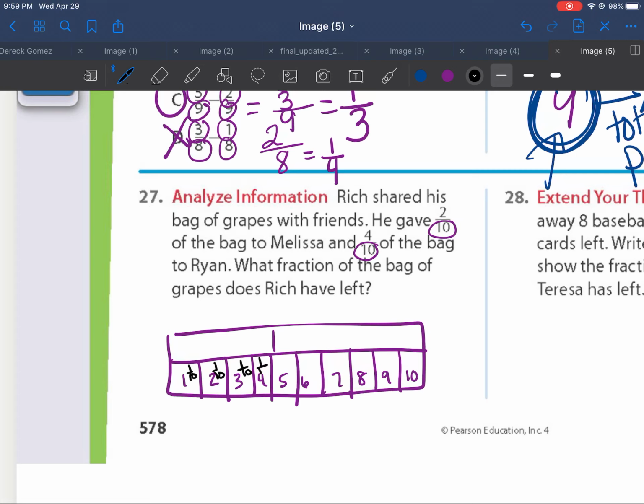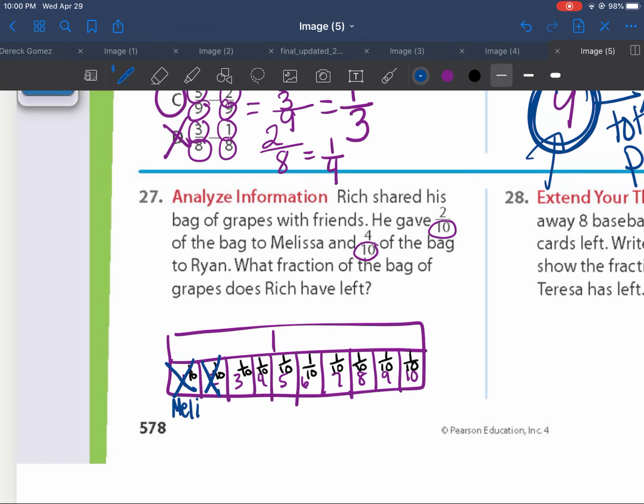Remember, since I'm cutting it into tens, each one of these is 1/10.